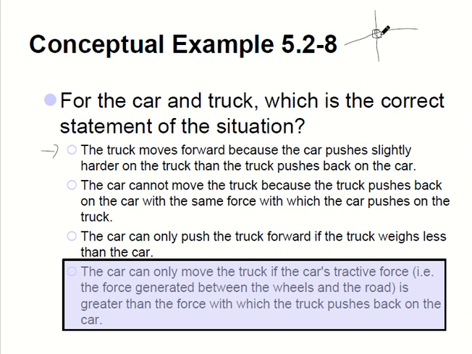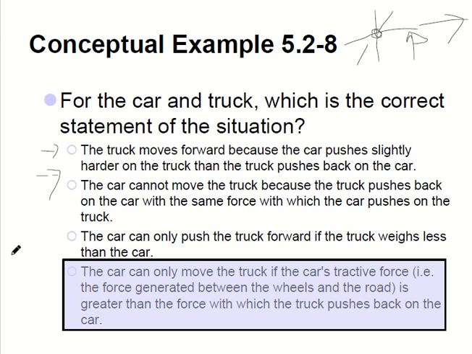Your situation is here, but every time we analyze on different axes. The car cannot move the truck because the truck pushes back on the car with the same force with which the car pushes on the truck. Again, axis: where is it happening? When we do action and reaction, we're concentrating on this axis.